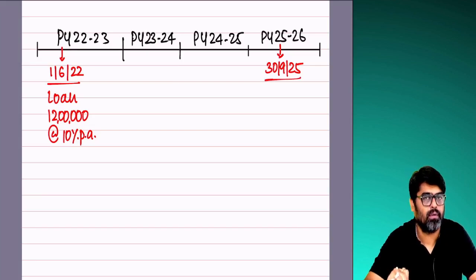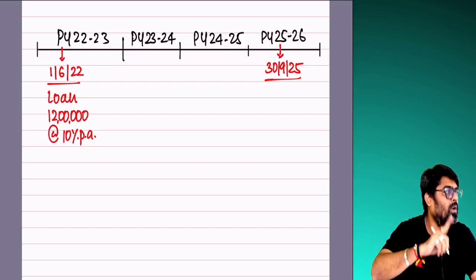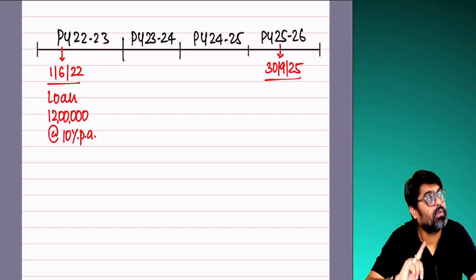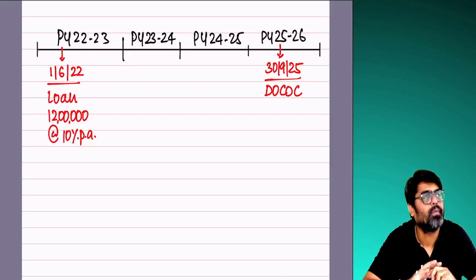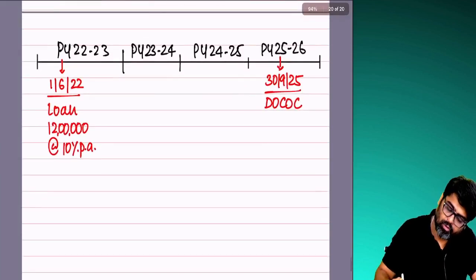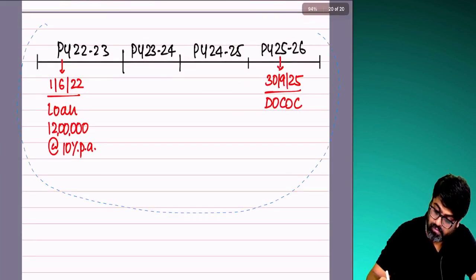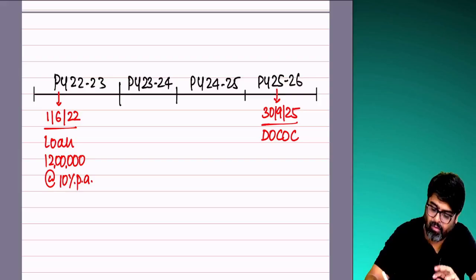So can I say this is the date of completion of construction, DOCOC? Now tell me one thing. Do you have a house property in 22-23, or is it under construction? Under construction means you have or you don't have?